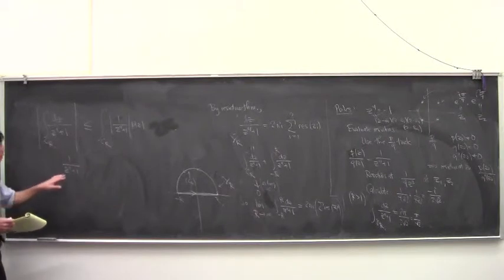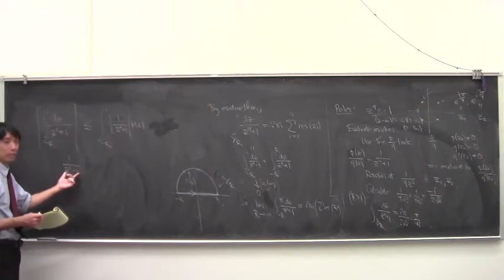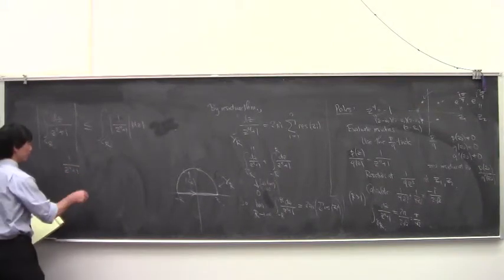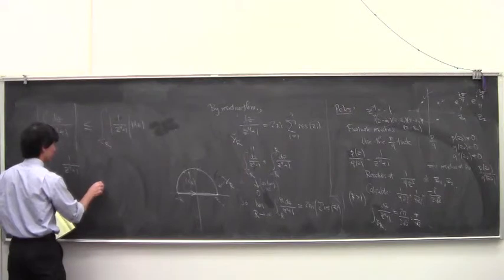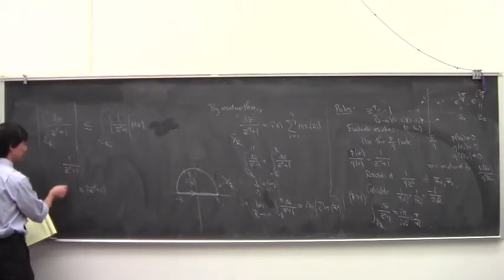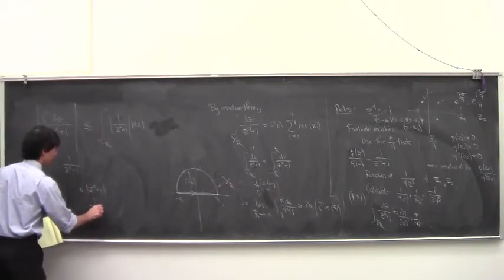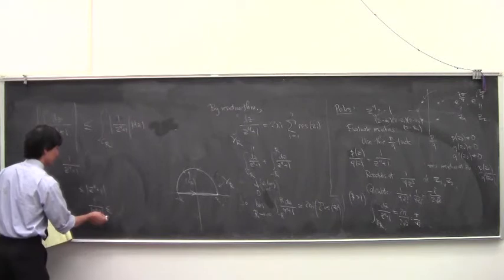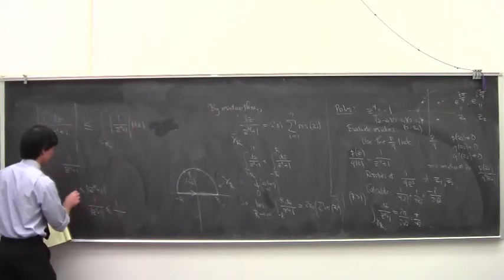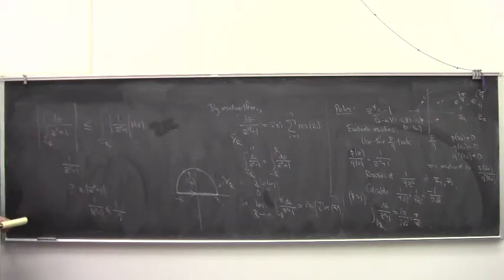So we want to find some lower bound on z to the fourth plus 1. If we can find some sort of lower bound on this, then 1 over z to the fourth plus 1 is going to be less than 1 over that thing.